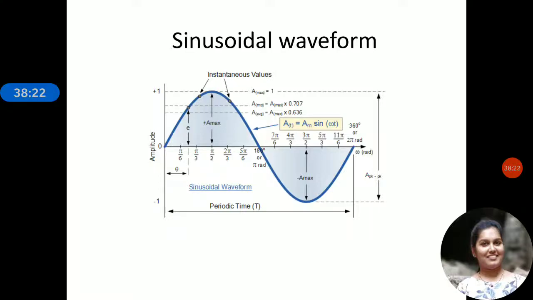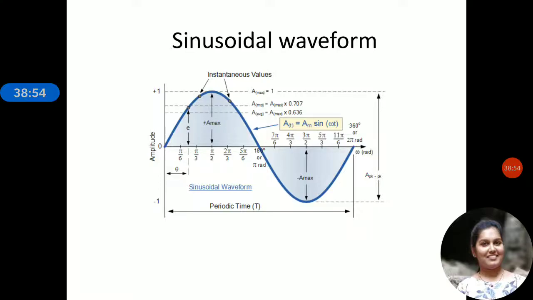To calculate the RMS value, A RMS will be equal to A max into 0.707. That is, the maximum value multiplied by 0.707 will give us the RMS value. At any instantaneous value, the sinusoidal waveform representation will be A of t equal to Am into sin omega t.